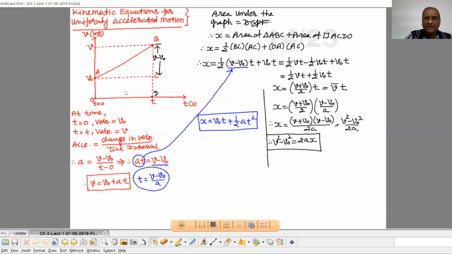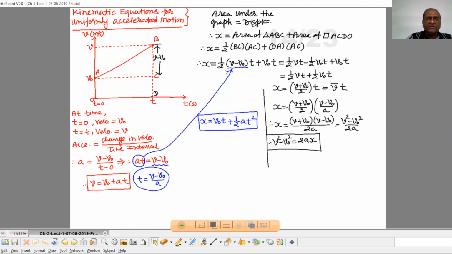So the area under the graph is the area of triangle ABC plus the area of rectangle ACDO. So x equal to half the area of the triangle, that is base AC into height BC, plus the area of the rectangle, that is OA into AC.